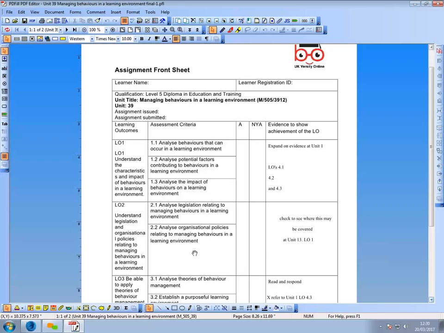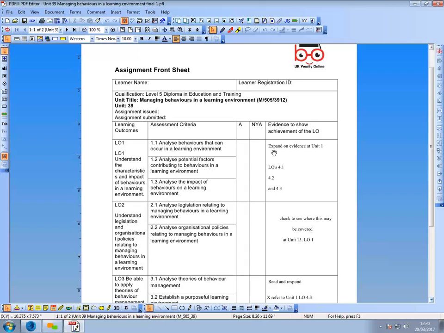So, what we looked at formally was analysing the behaviours that occur, analysing potential factors contributing to those behaviours, and analysing the impact of those behaviours on the rest of the learning environment. As I said, we've had a look at some of the reading matter you've got on it. Some of the things that are in there will be very useful to check. It may be that when you go back and look at Unit 1, you may think, I've got a little bit here at Unit 1 as well.